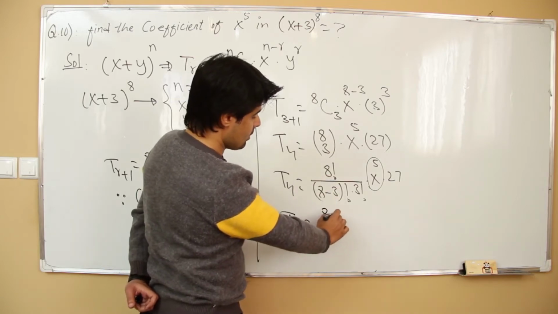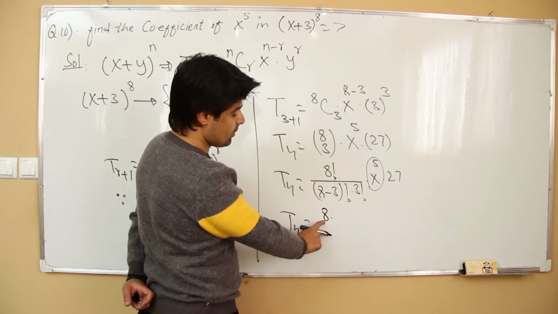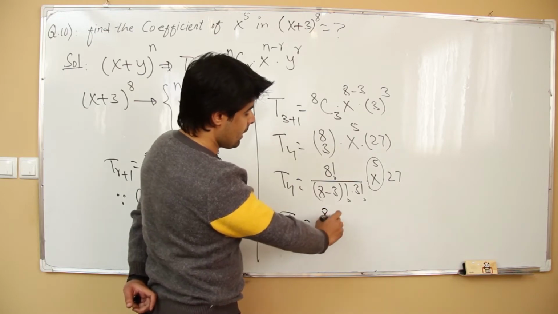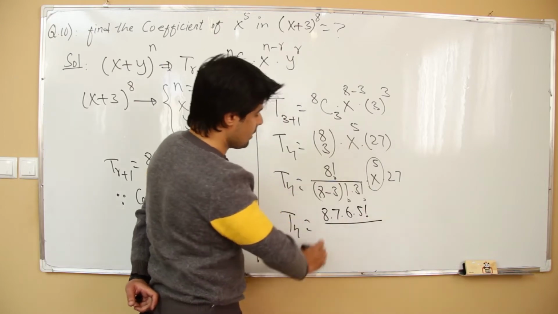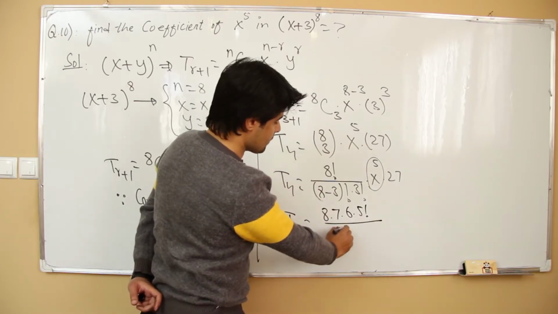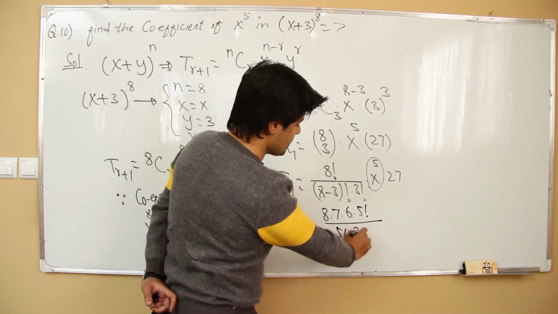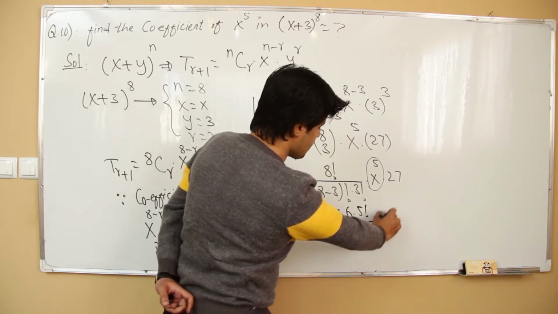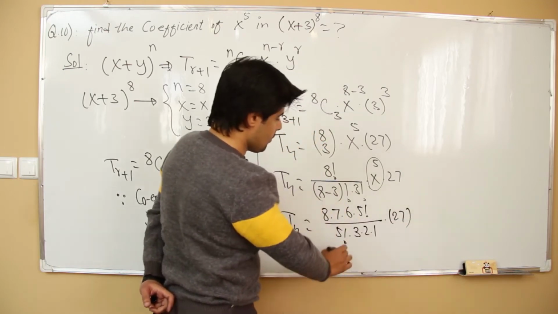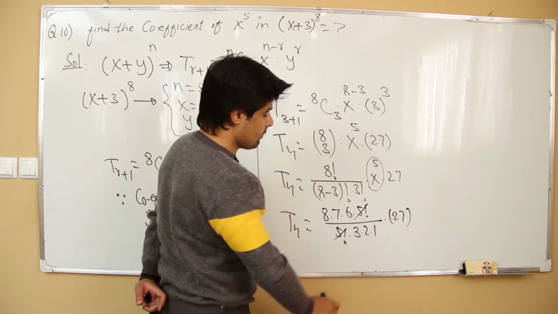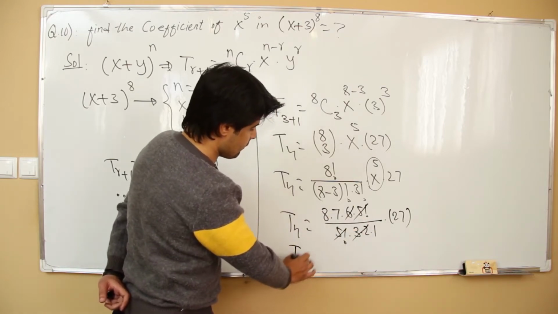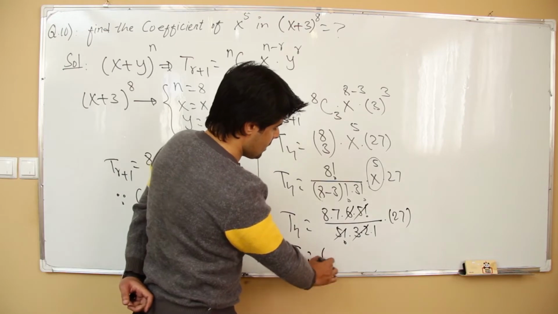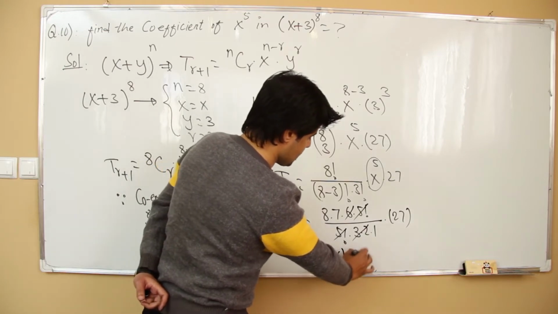Now what's the solution for this one? If you simplify, 8 times 7 times 6 times 5 factorial divided by 8 minus 3 is 5 factorial, and 3 factorial means 3, 2, 1 times 27. Now you have 5 factorial with 5 factorial, we can cancel. 2 times 3 is 6, 6 with 6 is cancelled. T4 is 8 times 7, it is 56 times 27.